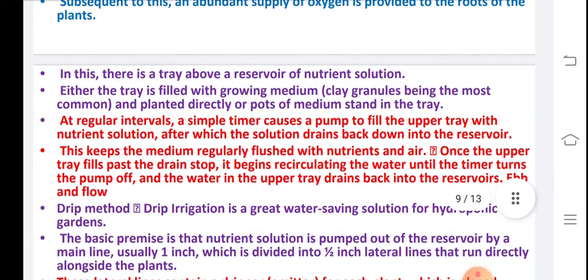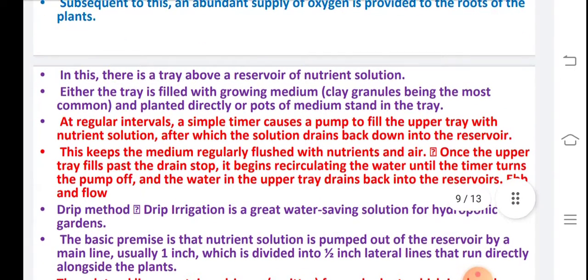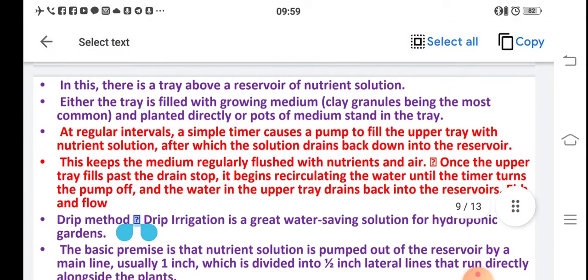there are different nutrient systems or growing media. Clay granules are generally used, or a pot of the medium, where a tray is used. Secondly, as we know, the timer or the time is very important.